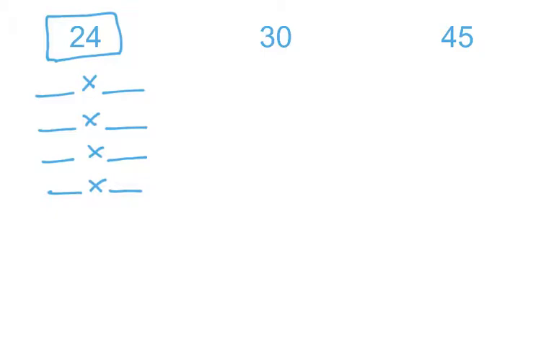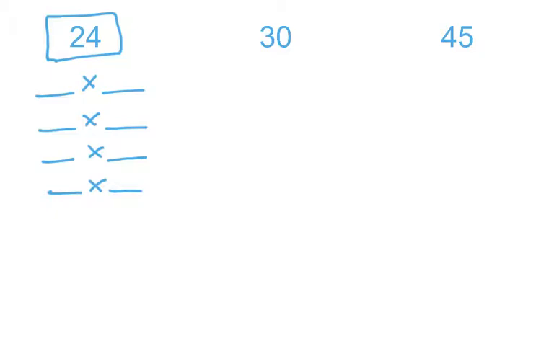Remember, if you start with 1 and go to 2, then 3, you know you have them all when you have the turnaround fact. Go ahead and use your multiplication chart if needed to write down all the factor pairs of 24. Pause the video. You should have 4 pairs for a total of 8 numbers.